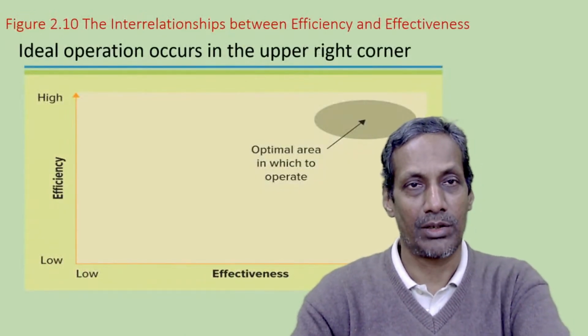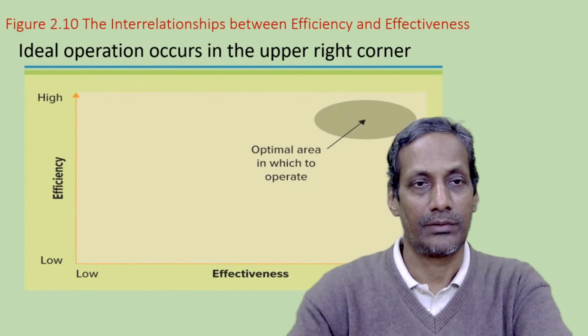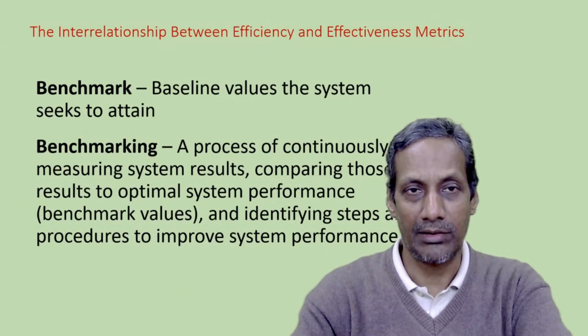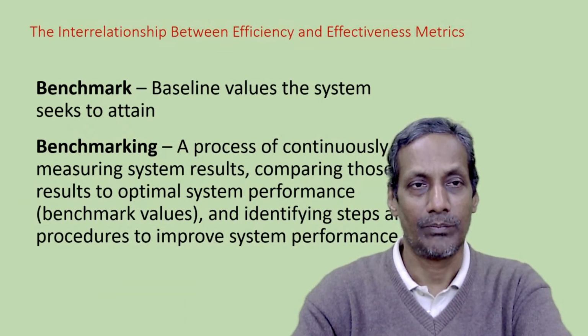So this particular slide shows you the ideal operation that occurs in the upper right corner of the quadrant. Benchmark and benchmarking are two activities that are carried out by managers during their decision-making approach.